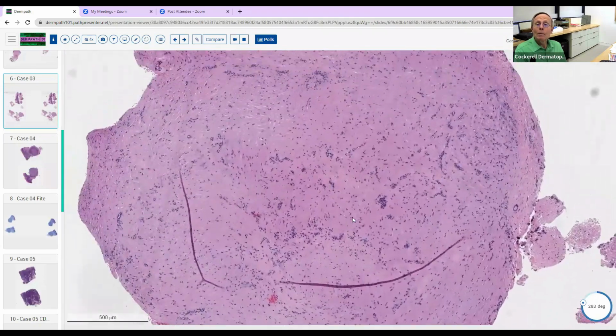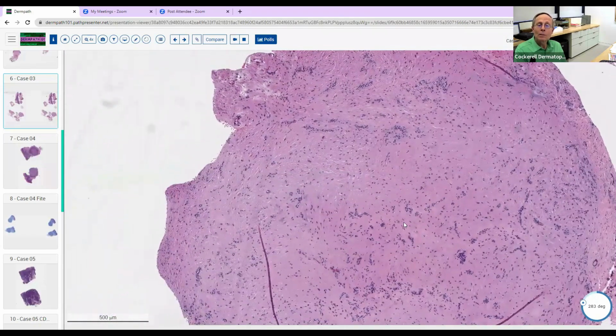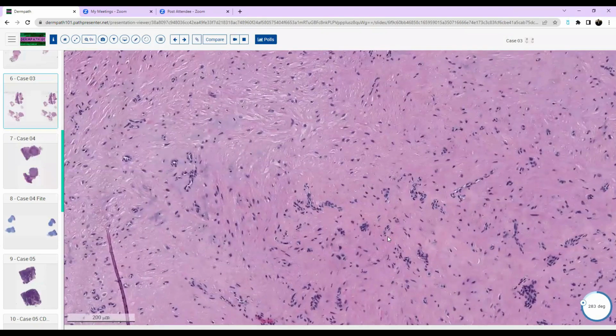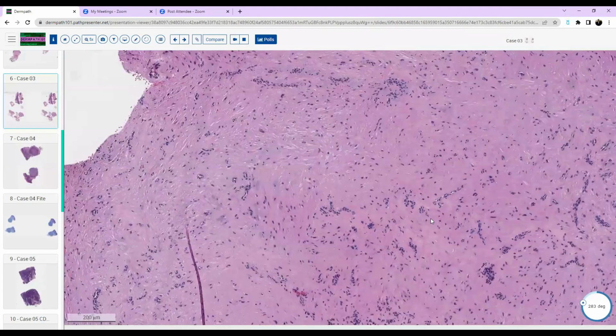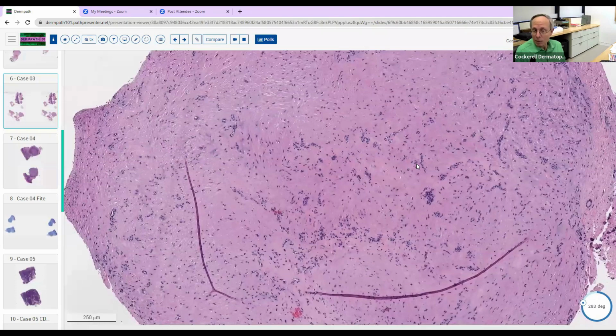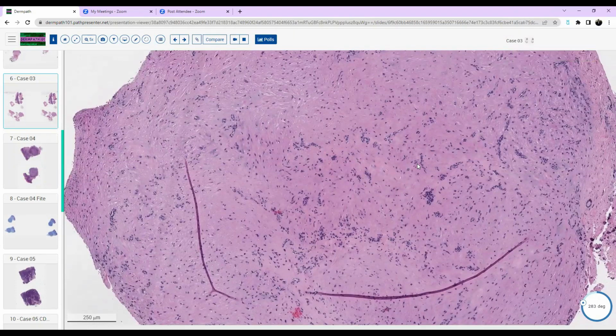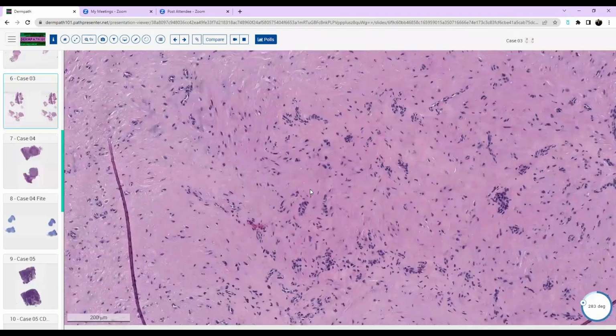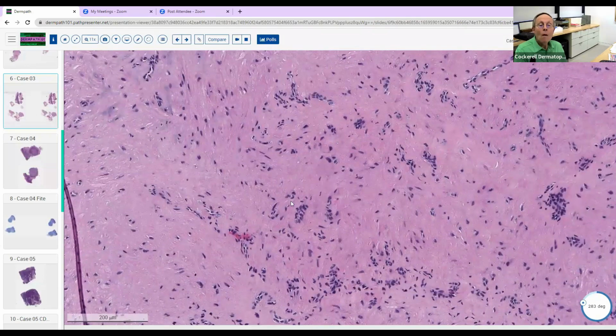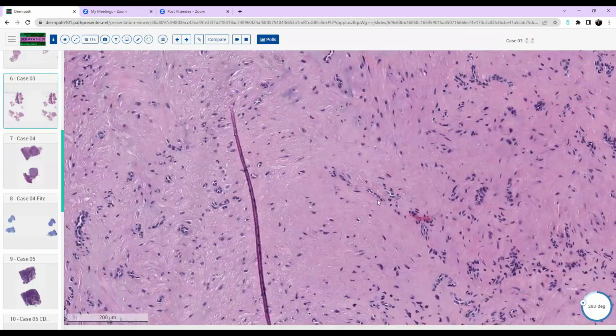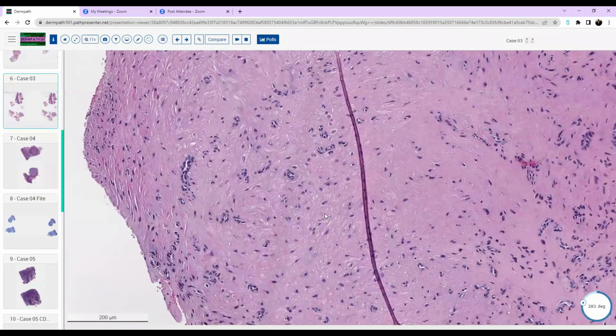And so do you think it's an epithelial or non-epithelial neoplasm? Non-epithelial. Good, non-epithelial. Now, when we get into the non-epithelial things, what are some of the things that you start thinking about here? Fibrohistiocytic things like fibroblasts and smooth muscle cells. Good.